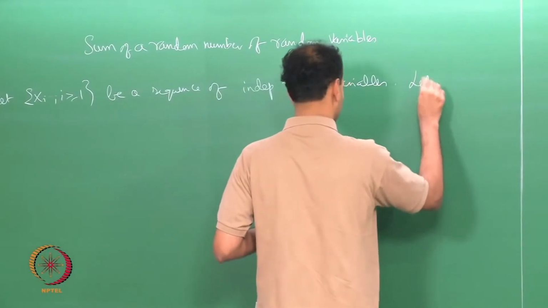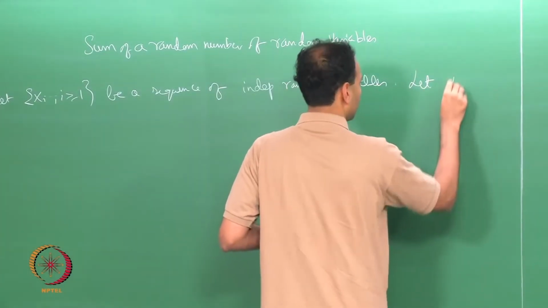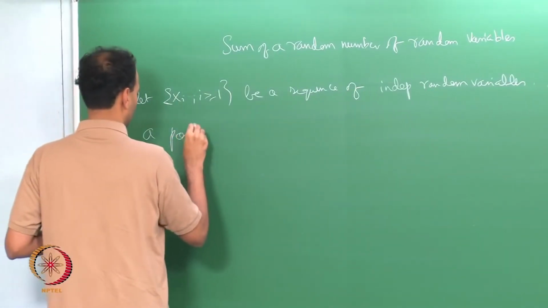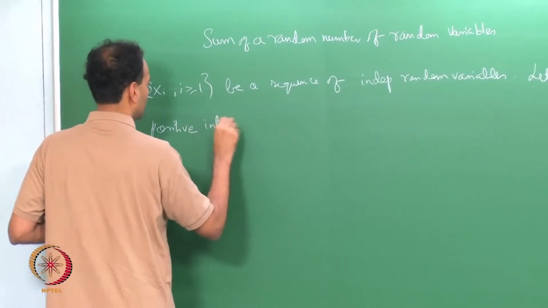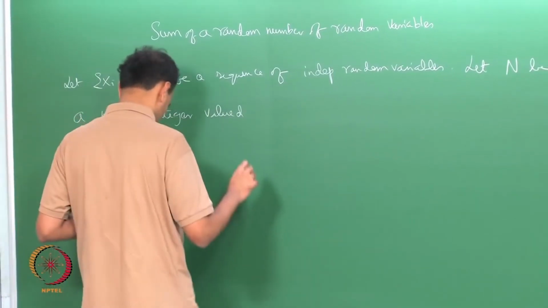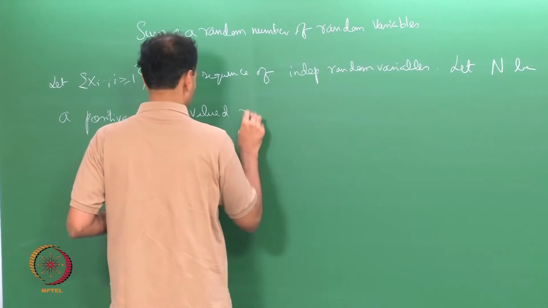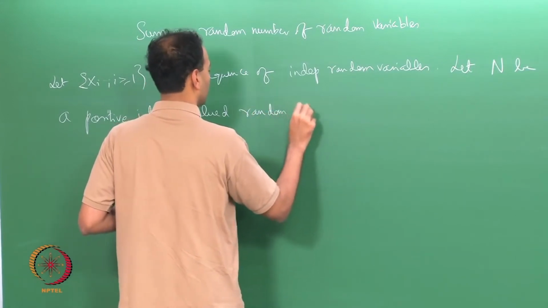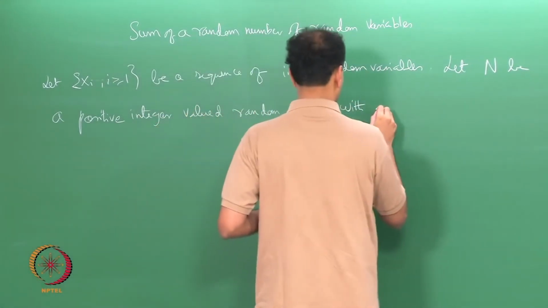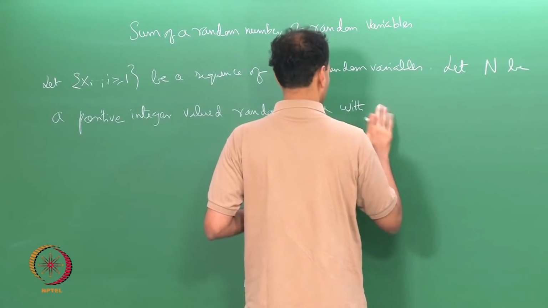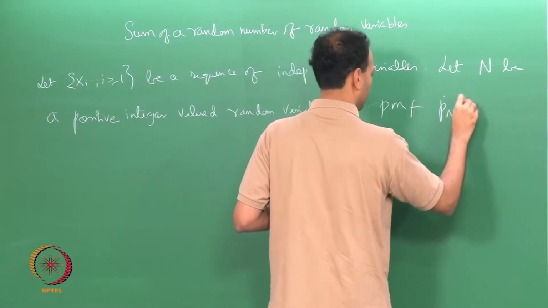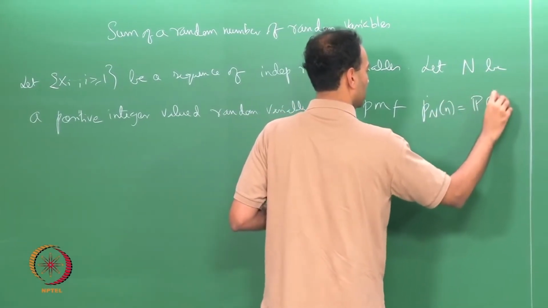Let N be a positive integer valued random variable with PMF p_N(n) equal to the probability that N is equal to n.